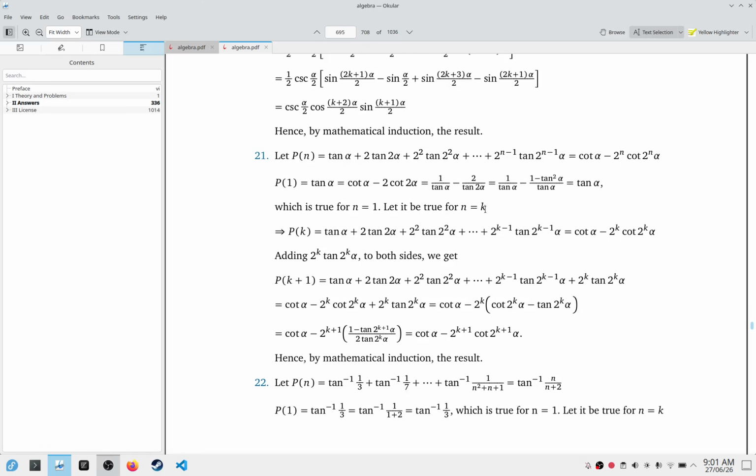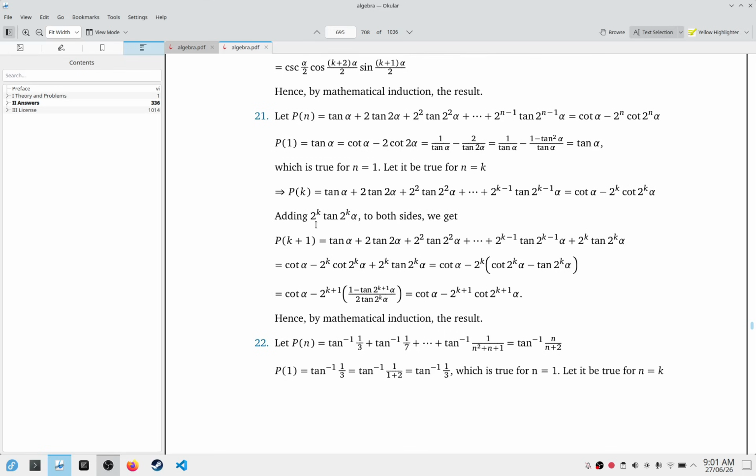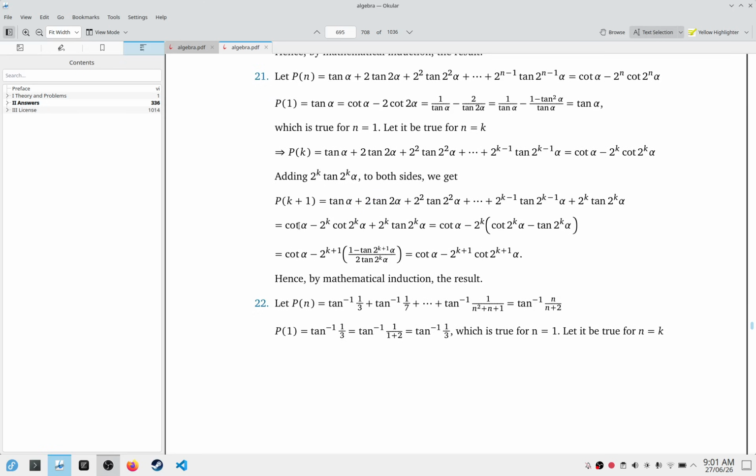We let it be true for n equal to k, so we have this relationship. Now we add 2 to the power k tan 2 to the power k alpha. The left hand side becomes Pk plus 1 and the right hand side becomes cot alpha minus 2 to the power k cot 2 to the power k alpha plus 2 to the power k tan 2 to the power k alpha.